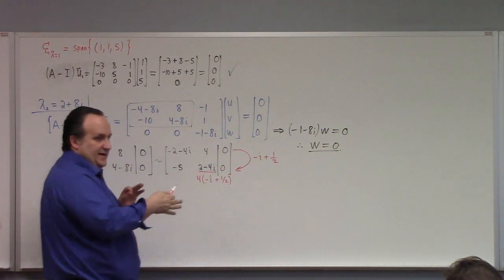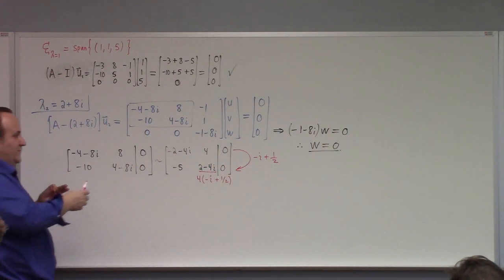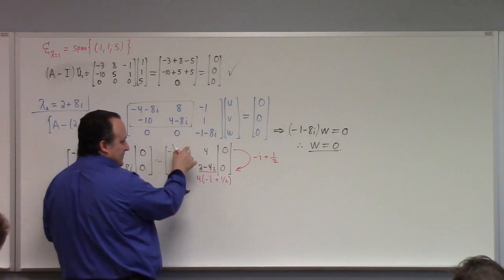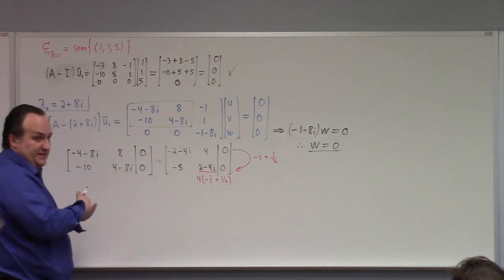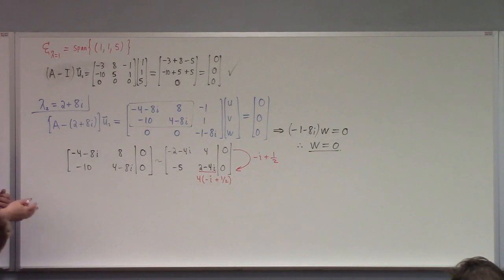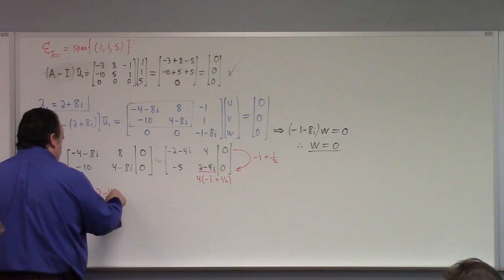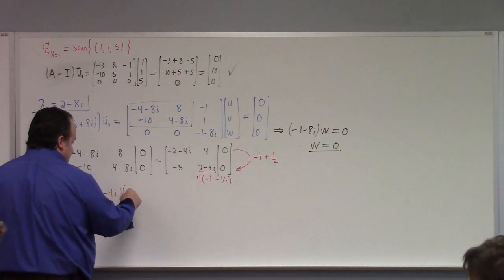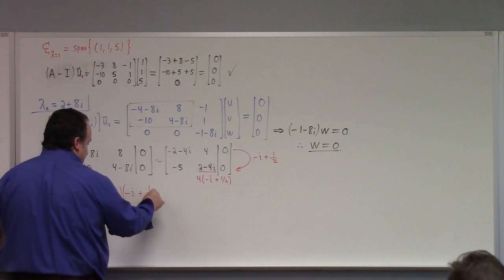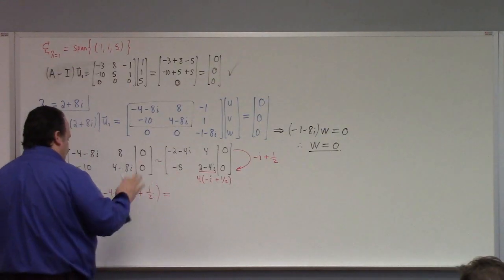That must be the case. If that's how this one goes to that one, it must be the same multiple up there in order for them to actually be the same equation, just multiplied by a complex scalar. So let's check that out. Minus 2 minus 4i. This is just a consistency check, so this isn't actually necessary to find the answer. I'm just hedging my bets here, guys.